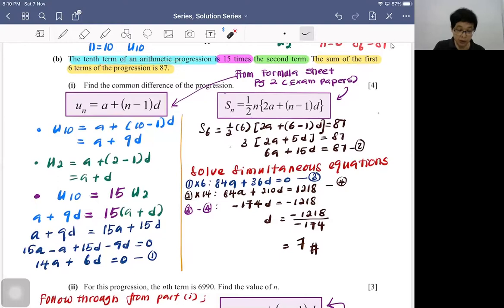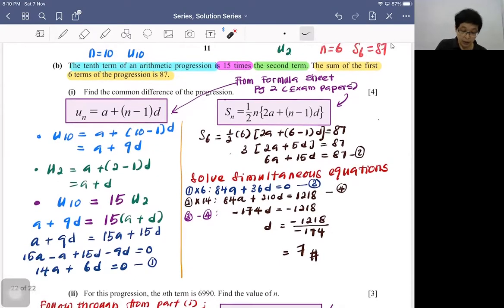Translating the first part, being the 10th term, you take from the formula sheet the u of n, the nth term, substitute n equals 10, you get a plus 10 minus 1, multiply the common difference, and you get a plus 9d.